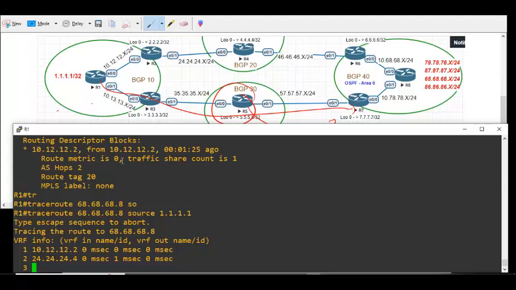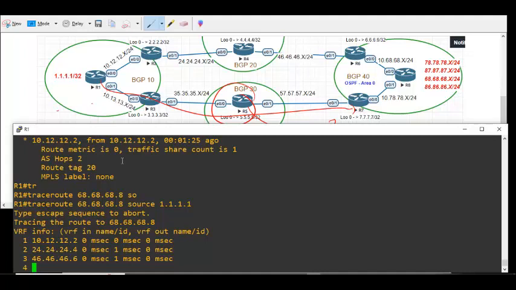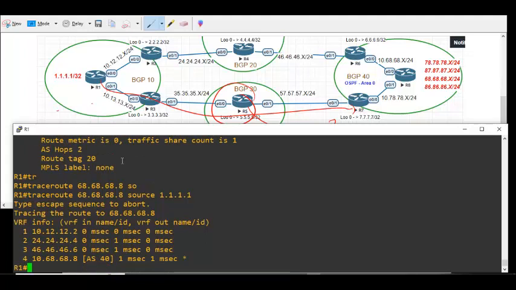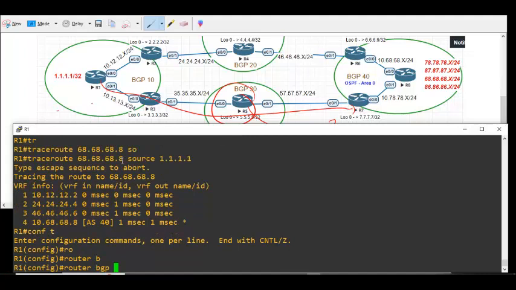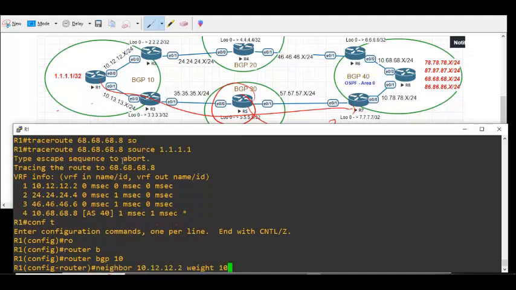Now, let me remove this weight. And refresh the BGP table. And check the BGP table. You see now everything has gone back to router 3 as next hop. Why? See, the weight 10 is removed from everywhere.